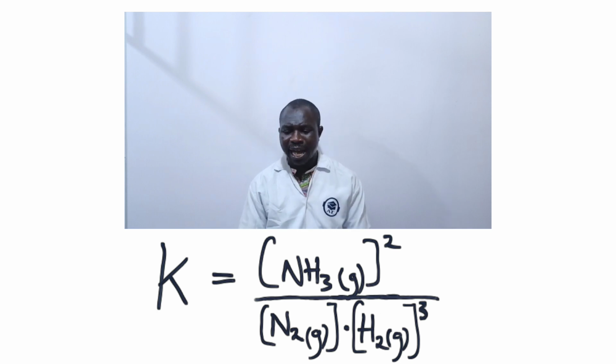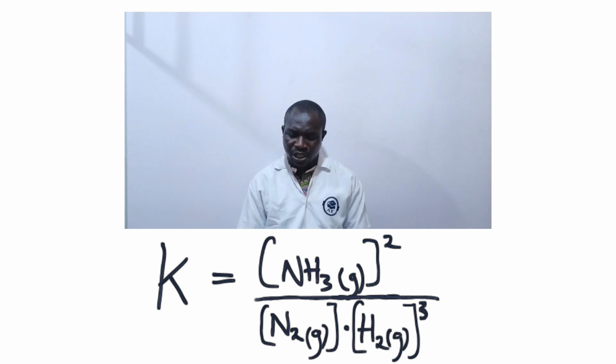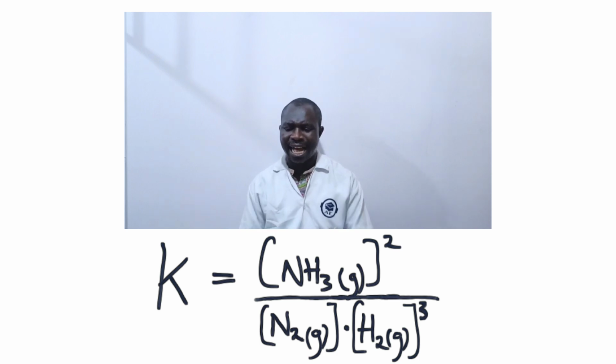So we have ammonia raised to its coefficient 2 divided by what? Nitrogen times hydrogen raised to its coefficient. Remember that the coefficient of nitrogen there is 1. So that is the equilibrium constant expression. Remember that the state of the system is gas, gas, gas, so nothing happened to the reaction.